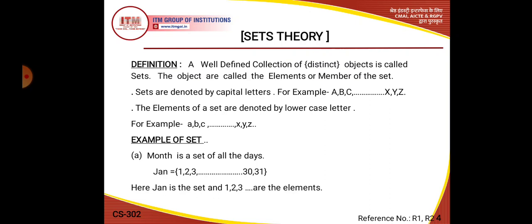So, here January is a set and 1, 2, 3, 4 up to 31 are the elements or we can say members of the set. And one thing I want to say here, all the elements 1, 2, 3, 4 up to 31 are different. We cannot repeat the elements.